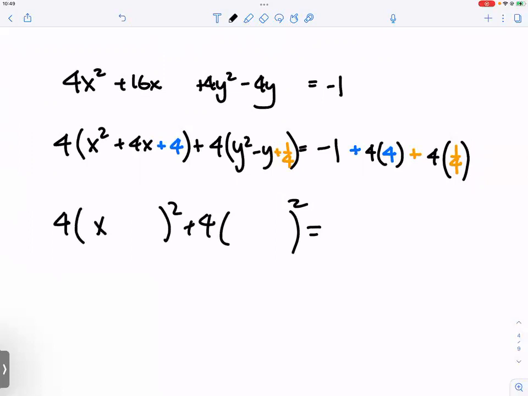So now we can obtain the perfect square. The first one is going to be x plus 2. The second one is going to be y minus 1/2. Now, 4 times 1/4 is just 1. 1 minus 1 is 0. So the right hand side is just 14.